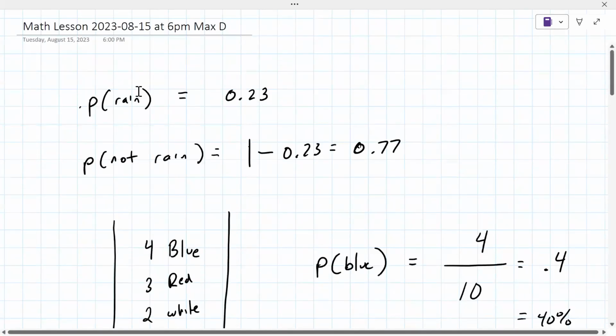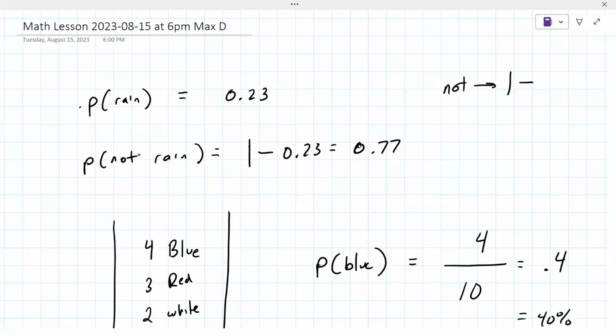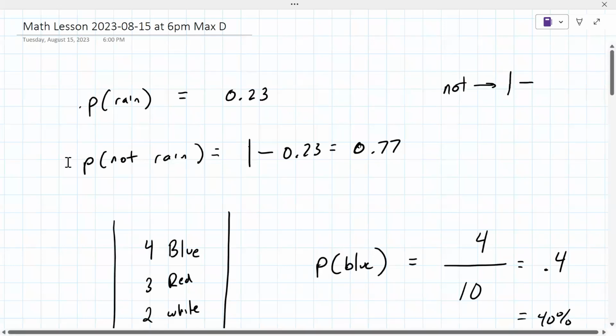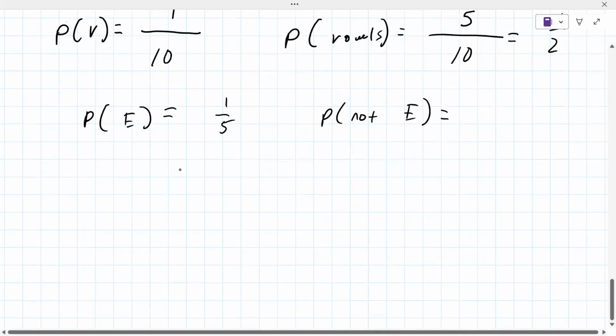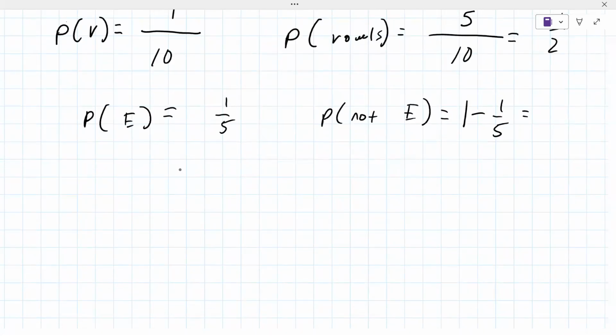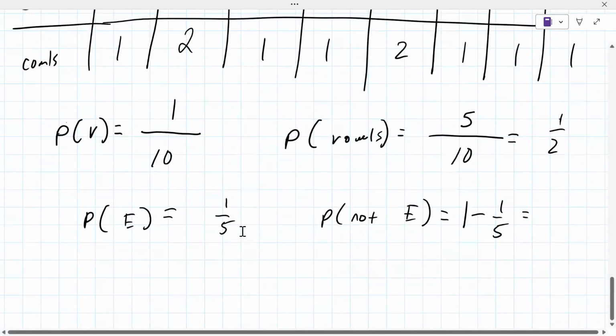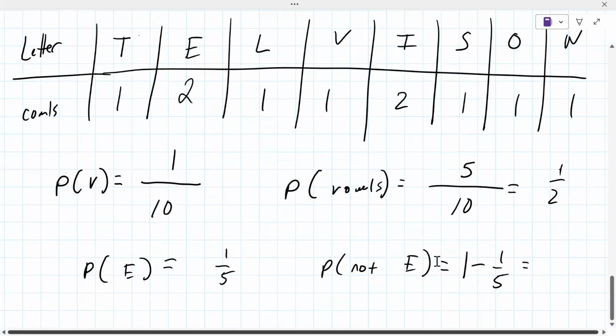Probability of rain, 0.23, not rain is 1 minus. So not is the word not, you always want to think of it as 1 minus. So not E is 1 minus 1/5. What does that become? 1 minus 1/5 is just 4/5.